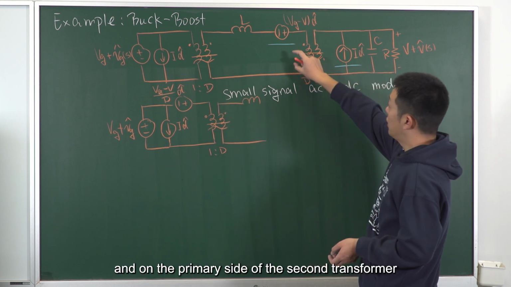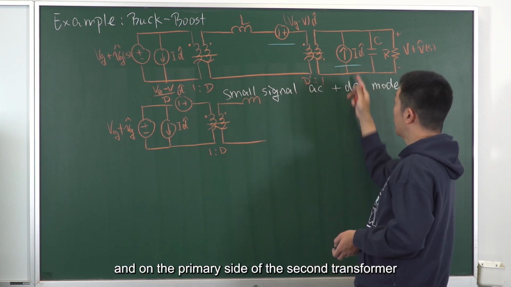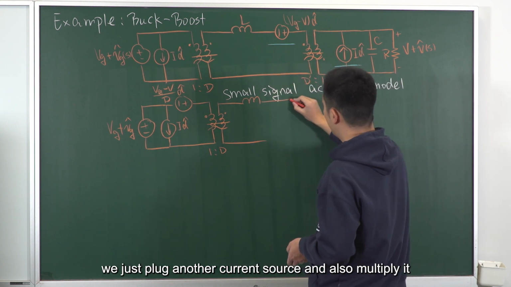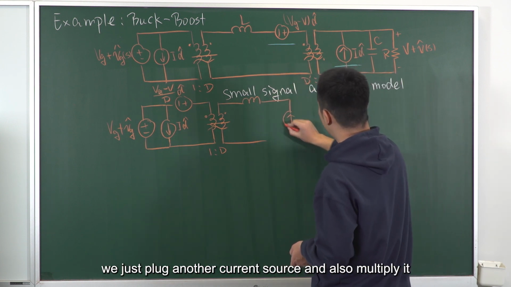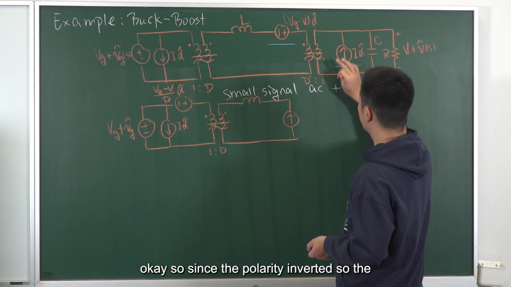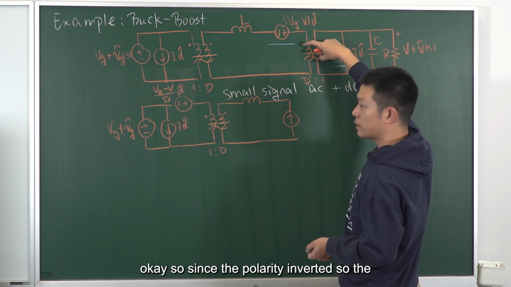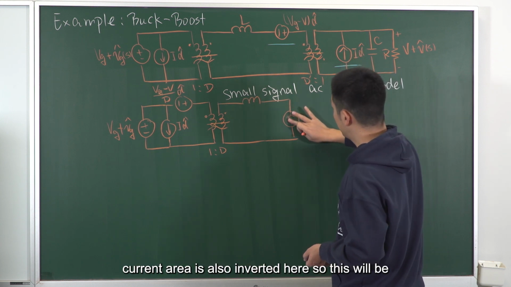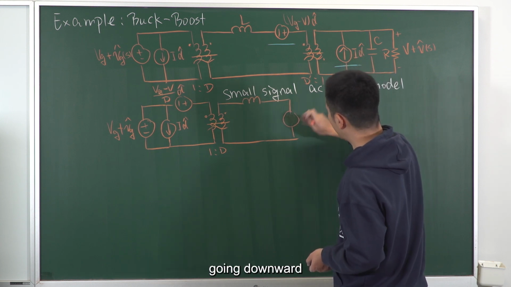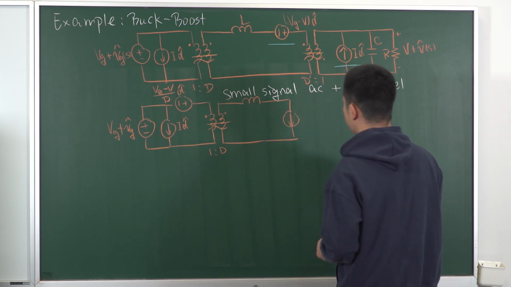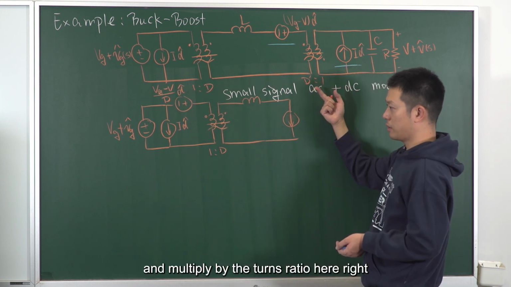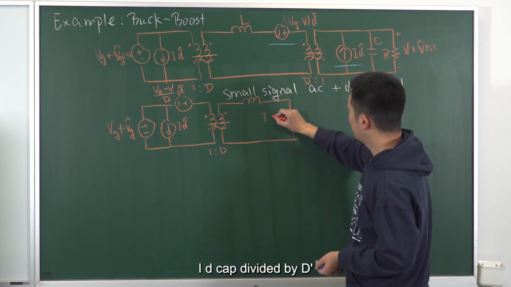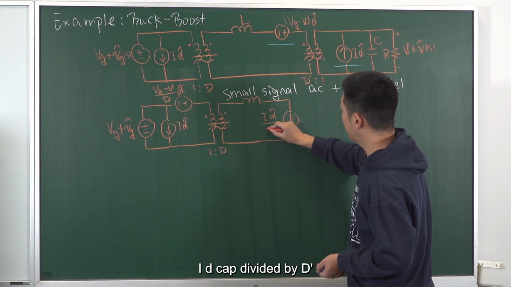And on the primary side of the second transformer, the current source can be pushed to here, right? We just plot another current source and also multiply it. Since the polarity is inverted, the current arrow is also inverted here, so this will be going downward. And multiply by the turns ratio, so this will become I d cap divided by D prime.